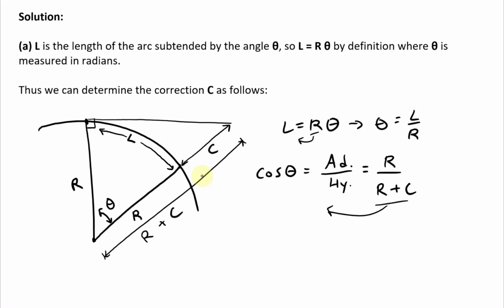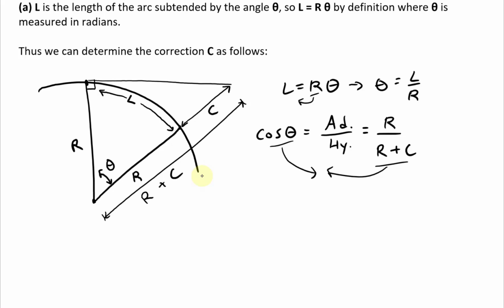Let's multiply on both sides, and then move this over to the other side. So what we end up having is R plus C.